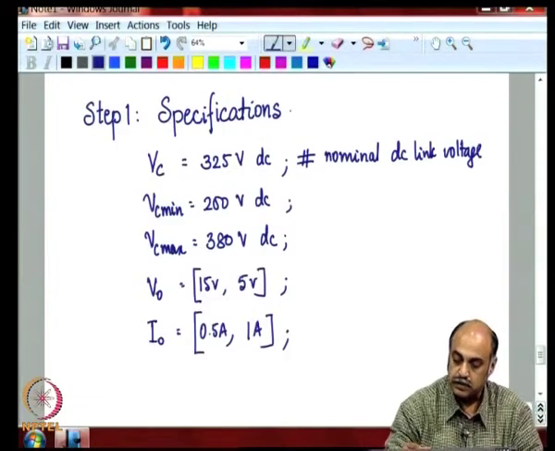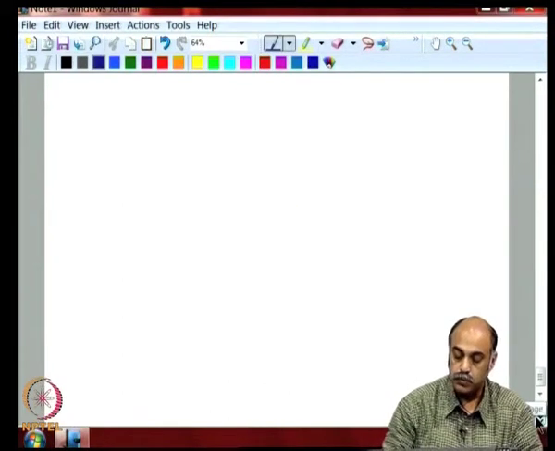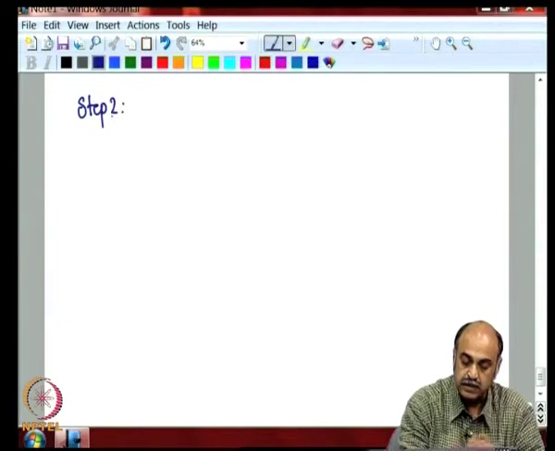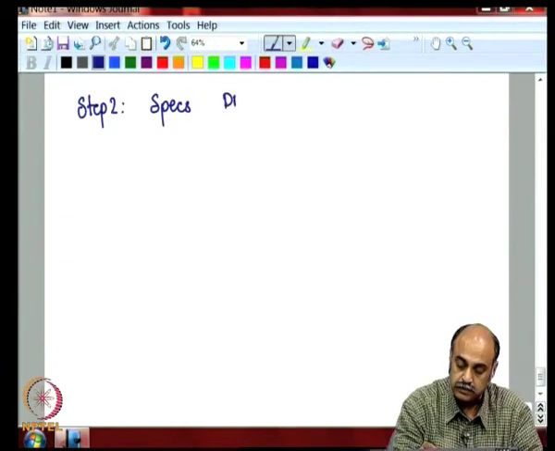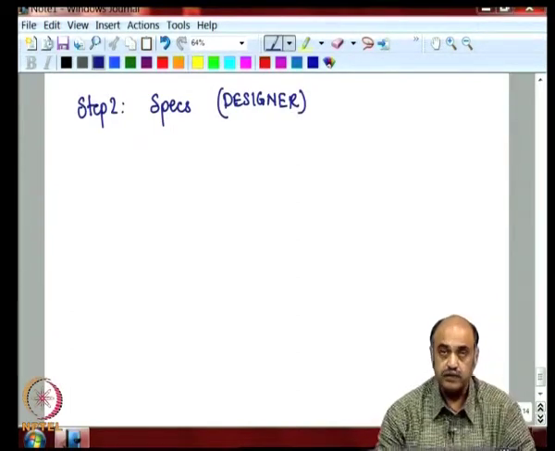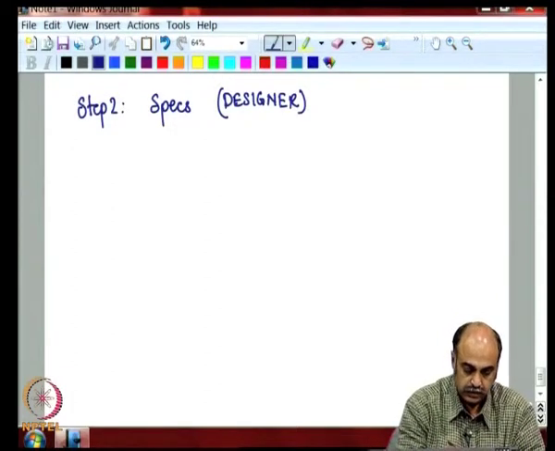In fact, we should call it a specification from the user. You need to also put in some specs as a designer. So, let us say specs designer. The user need not know what these numbers are. He may not even be aware of their meanings, but the designer will have to list down these things.